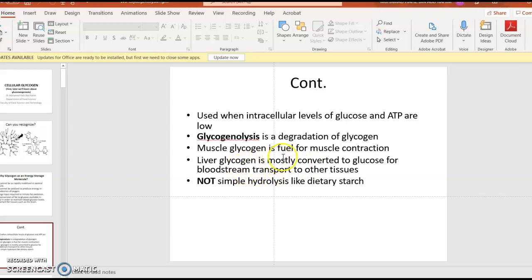But liver glycogen is mostly converted to glucose and transported through the bloodstream to other tissues. This means the liver will sacrifice its storage in order to make sure the other cells can feed on the glucose. Although this has a similar structure to the starch, the hydrolysis is not as simple as starch in the plant.